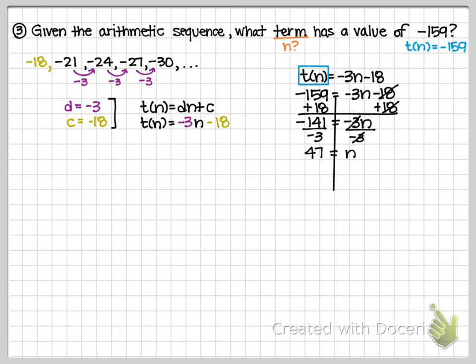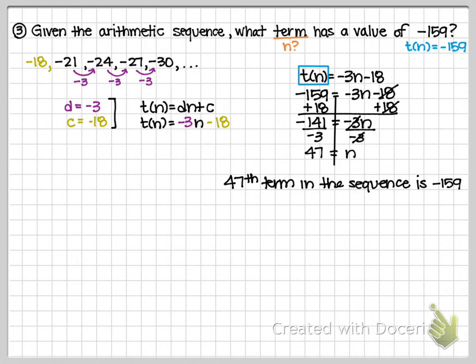Okay. So basically what this is saying is that the 47th term in the sequence is, and the actual number we would see at that spot is negative 159.